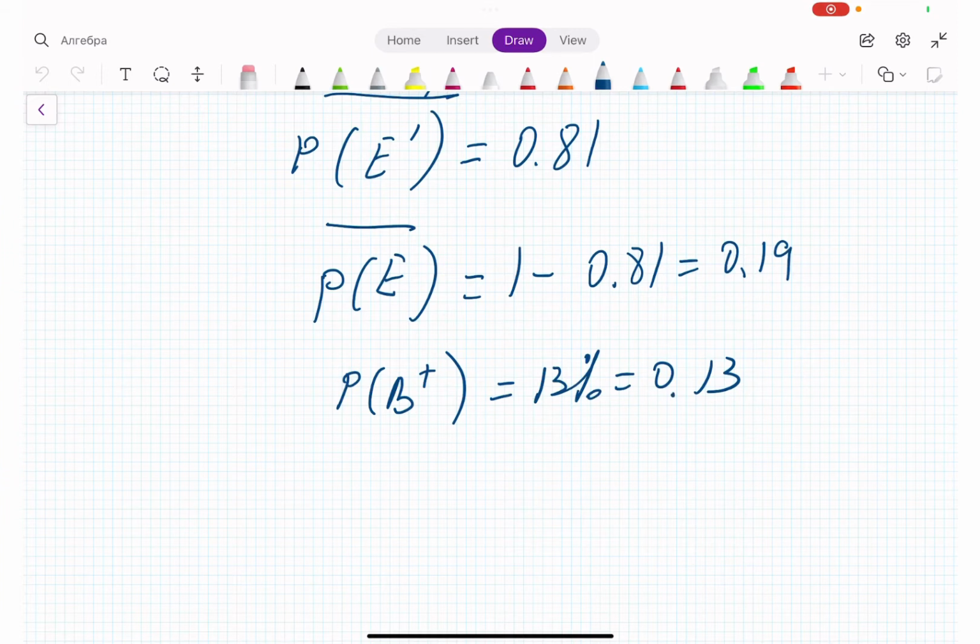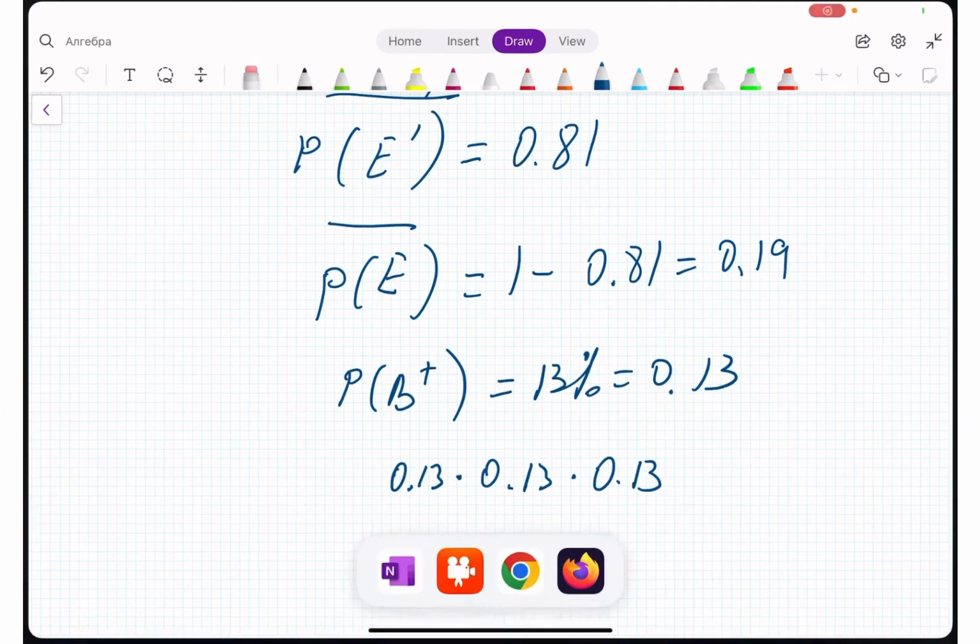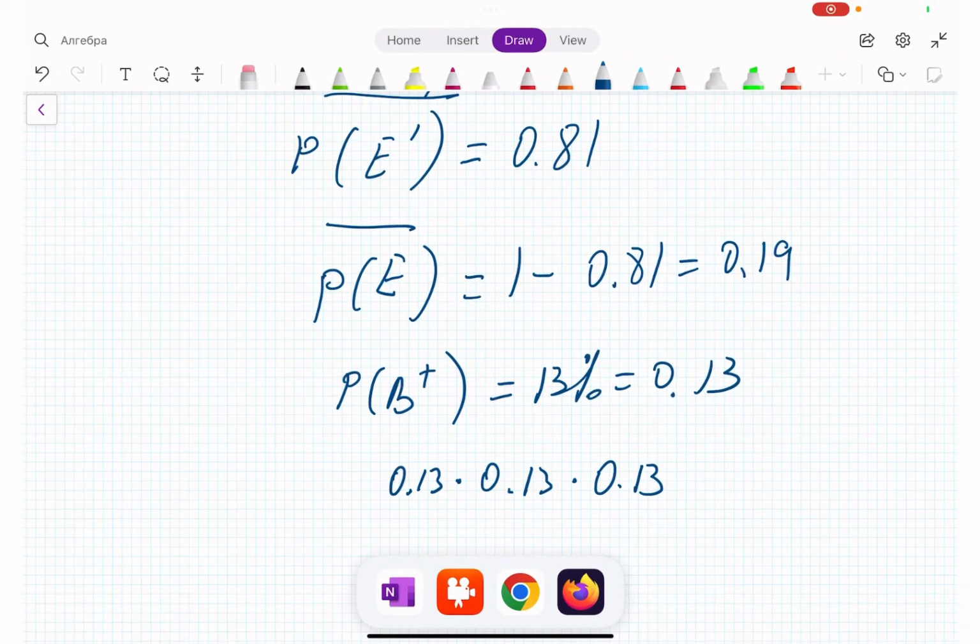So it's going to be 0.13 times 0.13 times 0.13. We have three, right? Independent, yes, and 0.13 for each independent event.